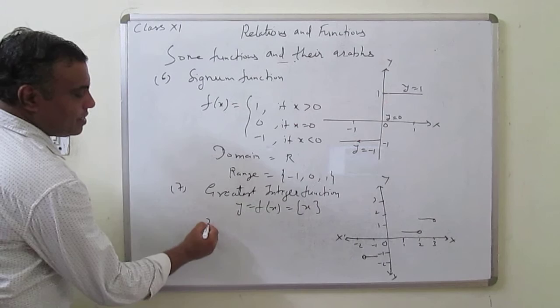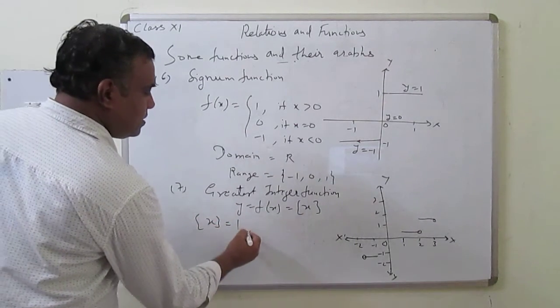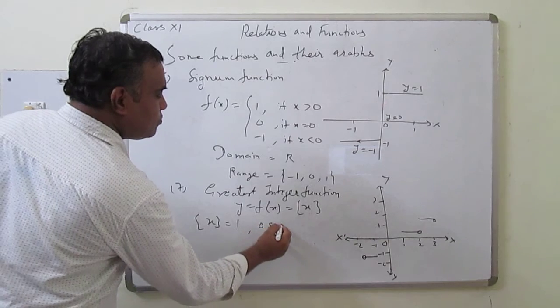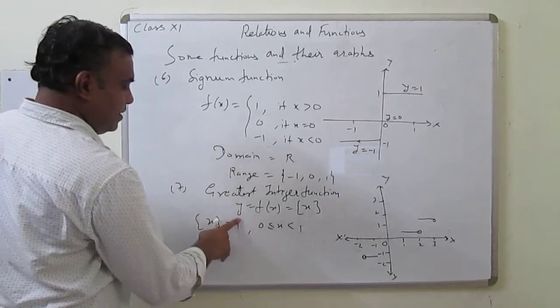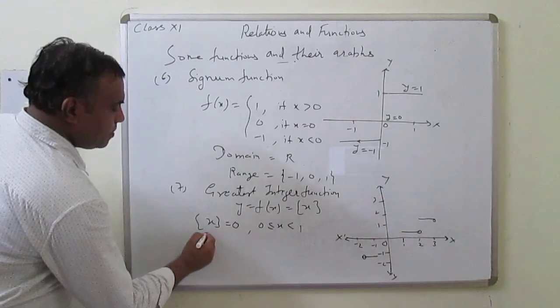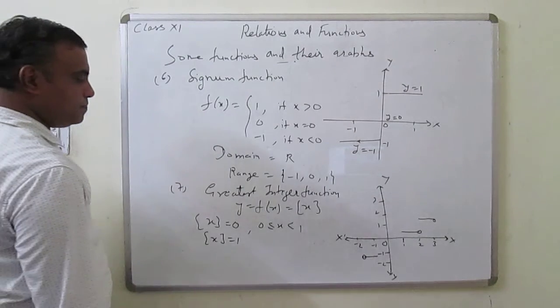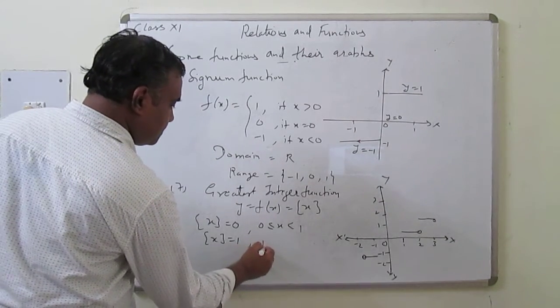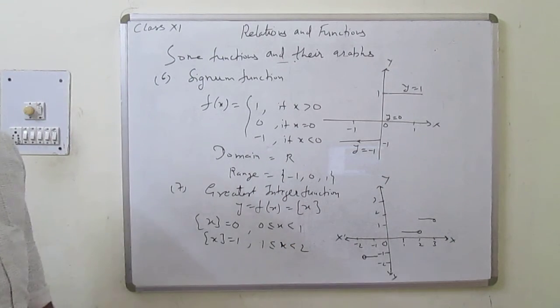If the greatest integer function is 1, it means x starts from 1 and is less than 2. For x from 0 it starts from 0 and is less than 1.